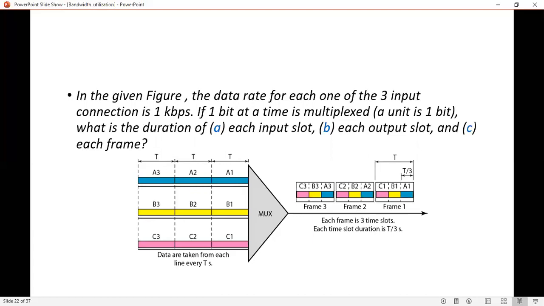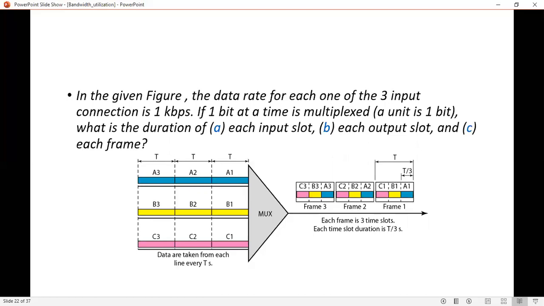If 1 bit at a time is multiplexed, that is, a unit is 1 bit, A1 is 1 unit and it occupies 1 bit, either 1 or 0. In a similar way, B1 occupies 1 bit, C1 is 1 bit, A2 is 1 bit, B2 is 1 bit, like that. We have to find the duration of each input slot.